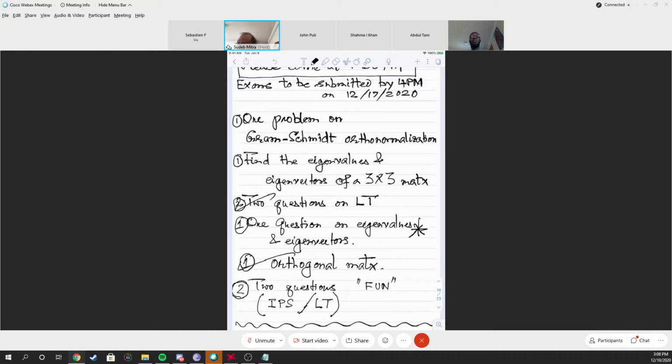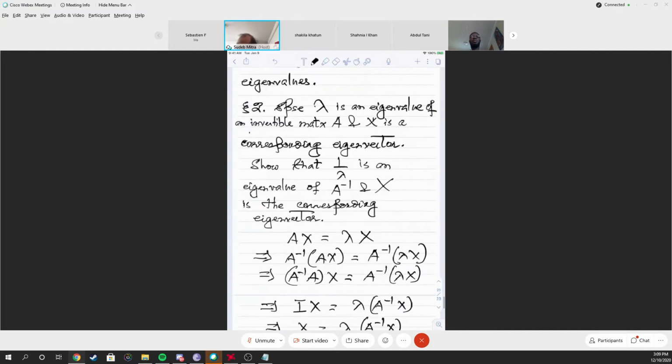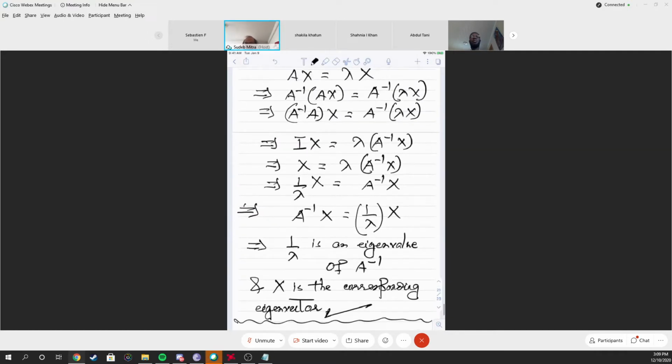I will review one, two. This I have finished now. I will remind you about orthogonal matrix 3 and 4. So I will discuss 5 problems tomorrow again. Is this okay?